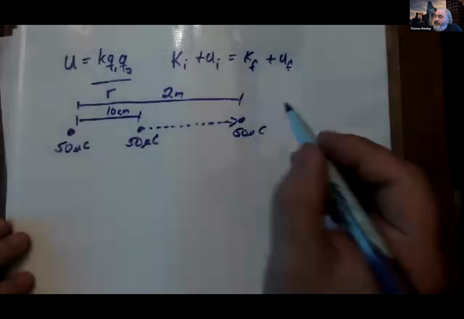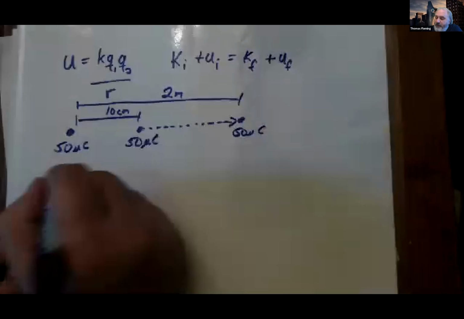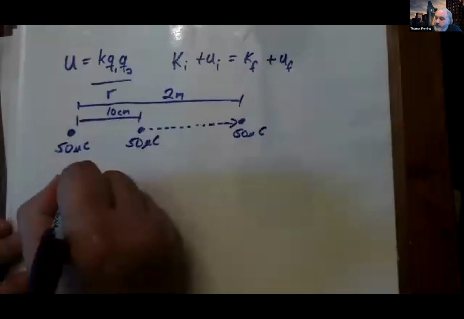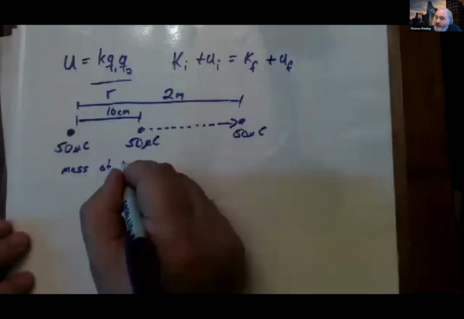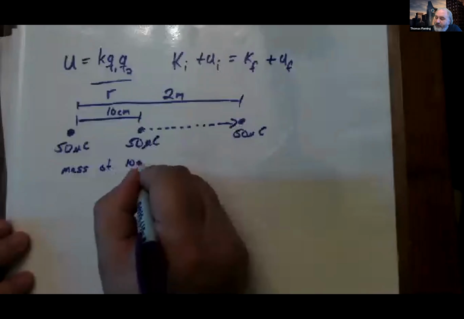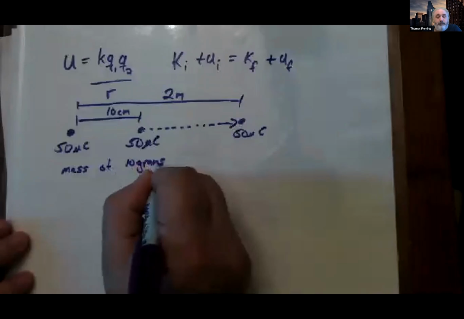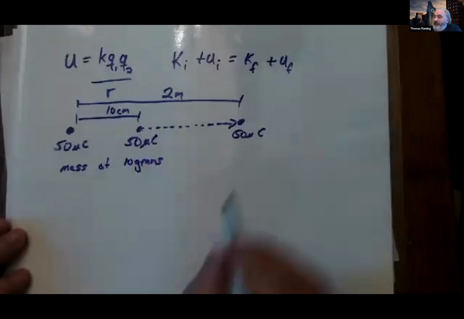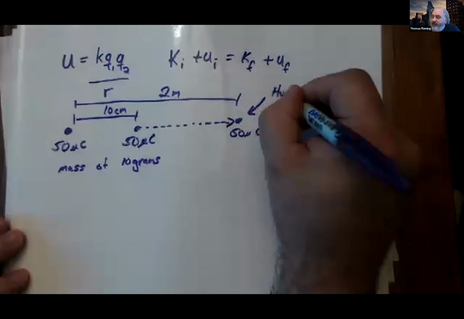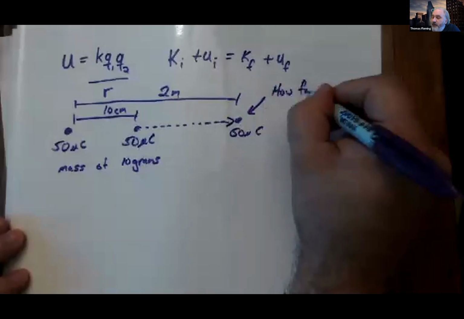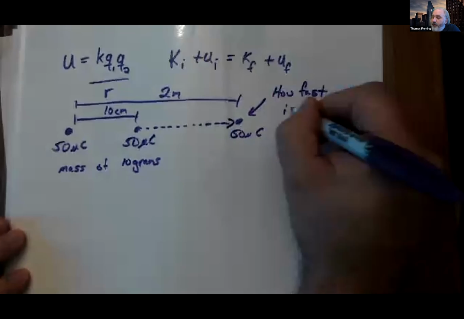And if this particle has a mass of, how about 10 grams, what I would like to know is, by the time it gets here, how fast is it going?